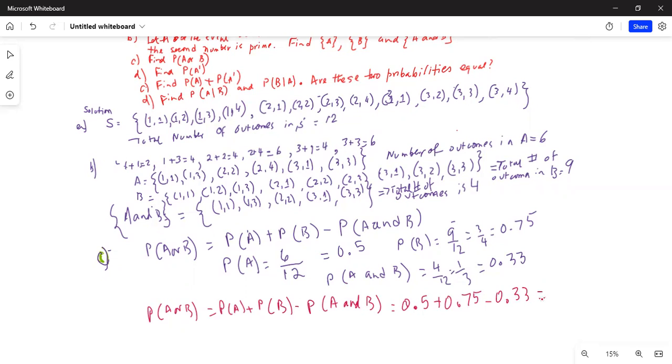So you'll use your calculator, 0.5 plus 0.75 minus 0.33, and that is equal to 0.92. So that's your answer for part C, 0.92.